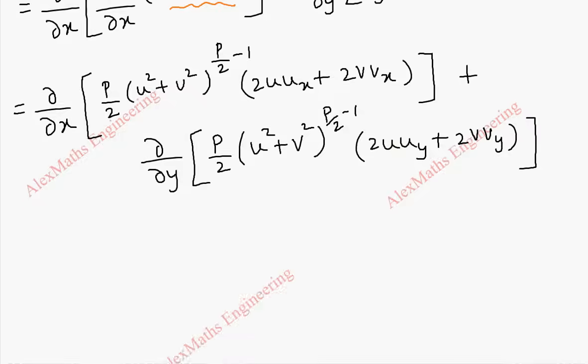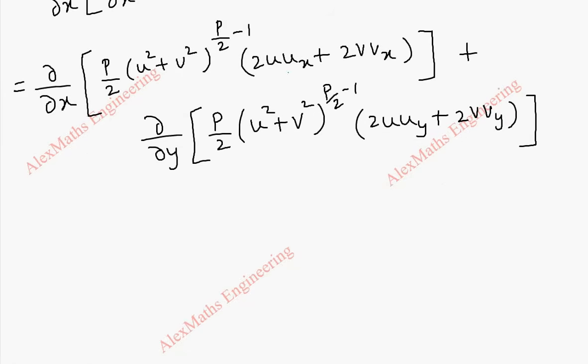Now we find 2 is common here and here. When it is taken out here, that can be cancelled with this 2.